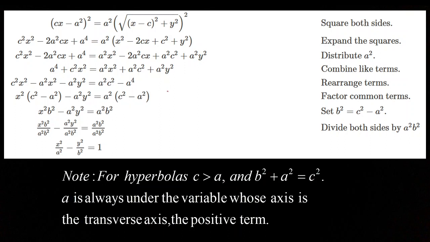This expression here. Now, we're going to set b squared to be c squared minus a squared, right? Because that's just a number. We just call it what? B squared. And now in the formula here, wherever we see this, we just put b squared.